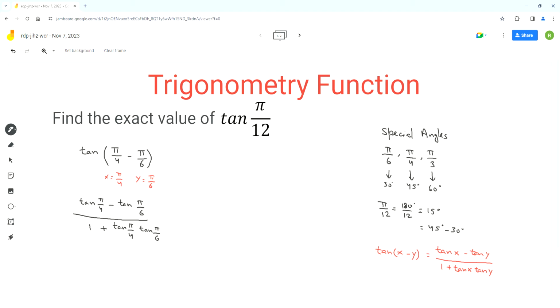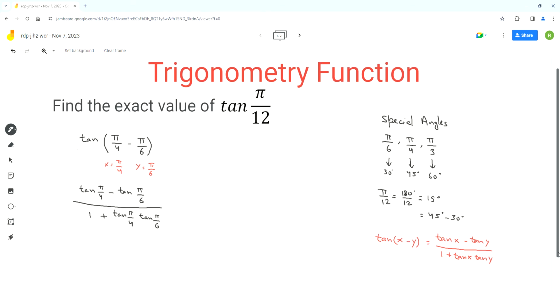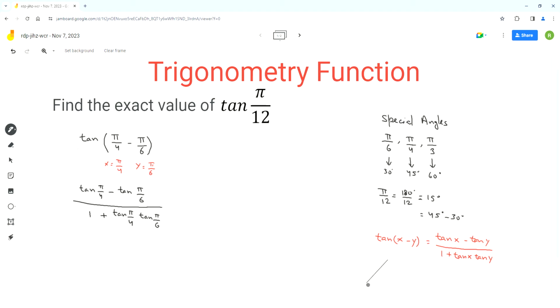And now we can simplify this expression. So we have to find the values of tan pi over 4 and tan pi over 6. And for that, we'll have to use the special triangles. So I'll draw them on the board.